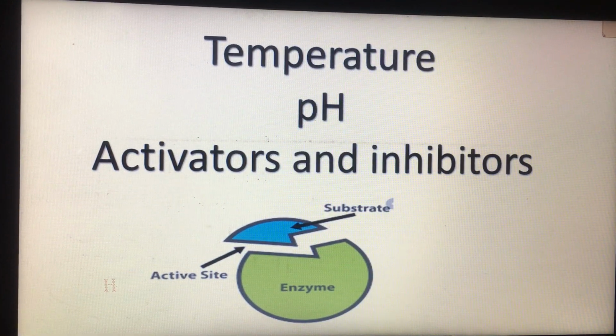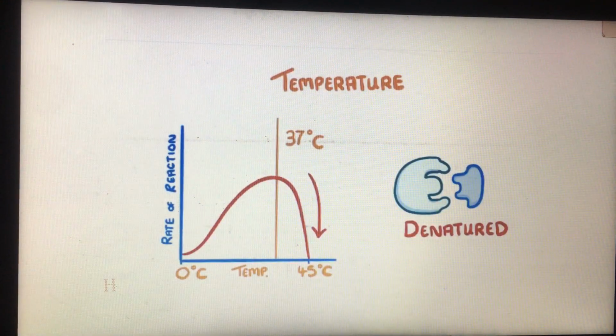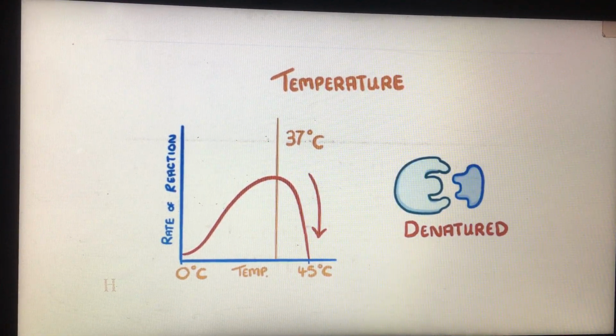Let's start with the first one. As you know, temperature affects the activity of enzymes. Higher temperature means more active enzymes. A higher temperature speeds up the movement of substrate molecules so that when they collide with the enzyme, they have more energy and are more likely to bind to the active site.